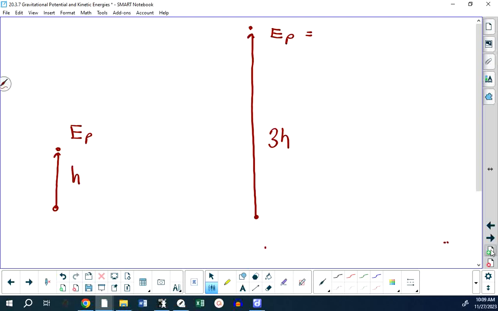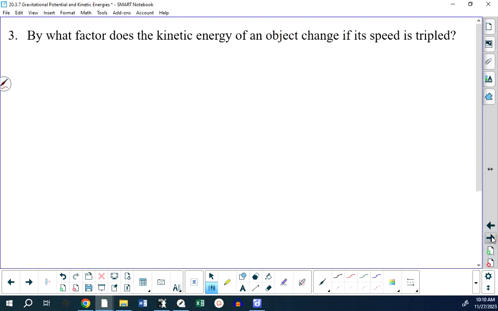It's not really a trick question. 3, right? So if this is the initial potential energy, this would be 3 times that. Right? I'm pointing out to you using some language here, and symbolic language, that if you triple the height, you're going to triple the energy. Is that going to be the same kind of thing here?